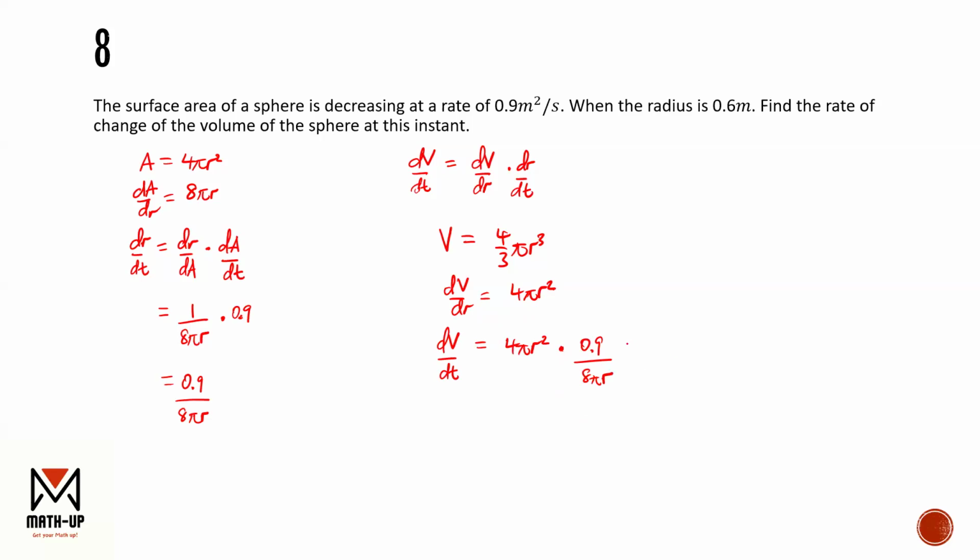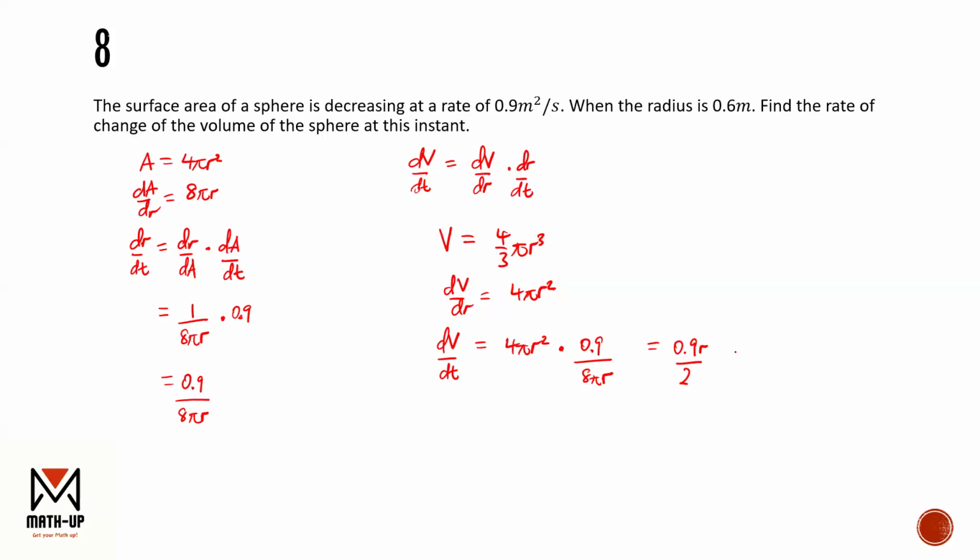Yeah? And what does this give us? This gives us 0.9 r divided by 2. You see the pi goes away. The 8 is reduced by the 4 to 2.